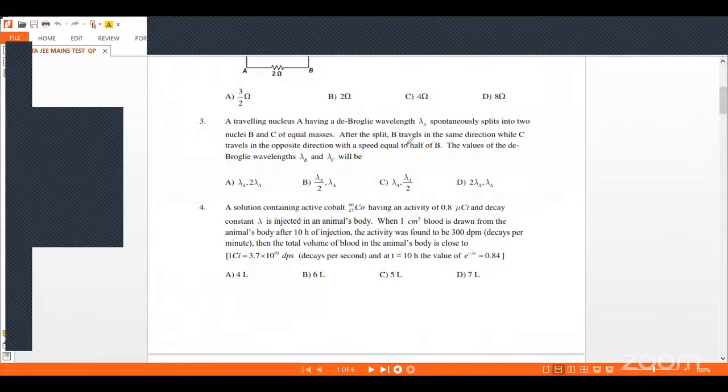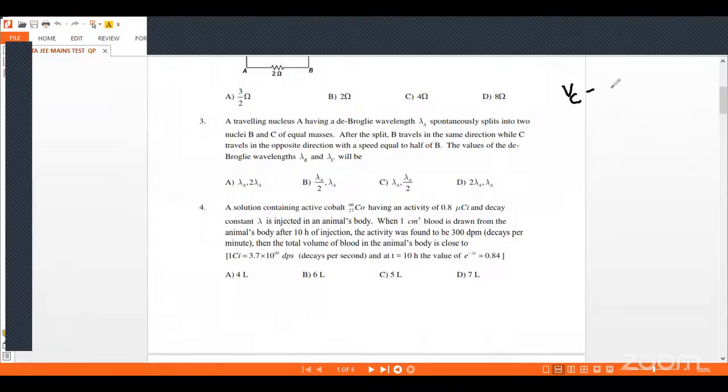After the split, B travels in the same direction while C travels in the opposite direction with a speed half of B. That means the speed of C is in the opposite direction, and in magnitude it is half of the speed of B. We need to find the values of de Broglie wavelength lambda B and lambda C.